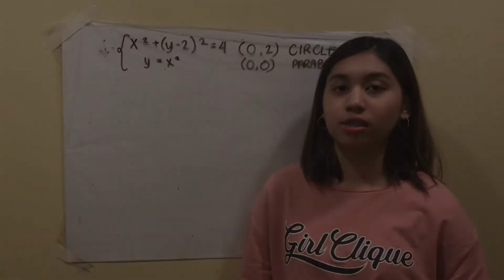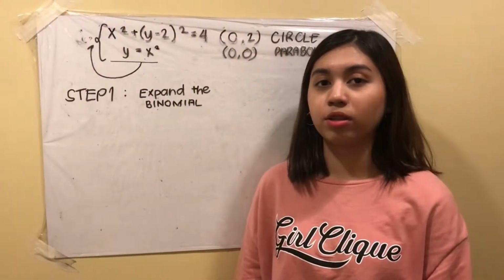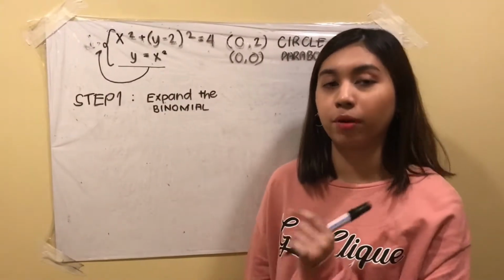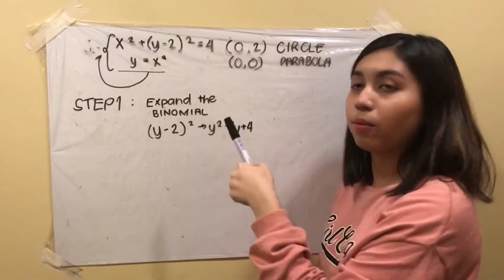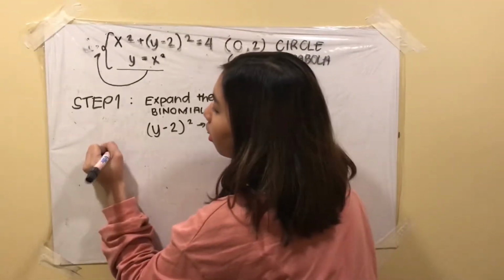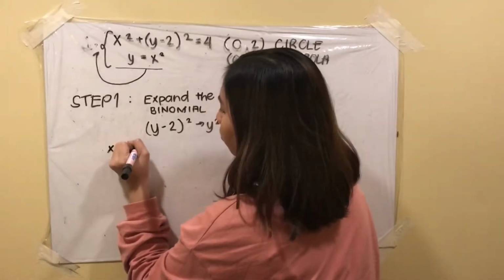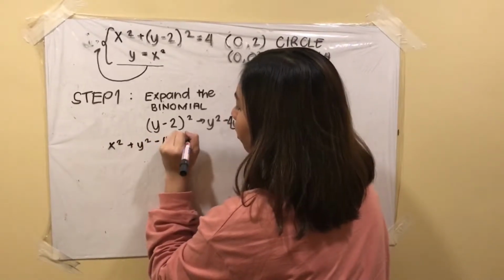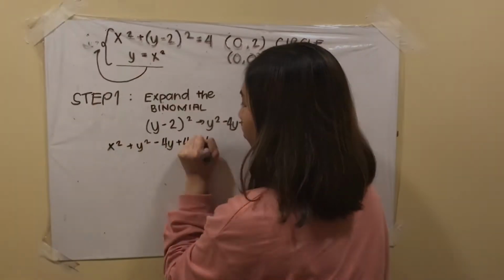Since we will use the first equation, the first thing to do is to expand the binomial into a perfect square trinomial. So the first equation would now be written as x squared plus y squared minus 4y plus 4 equals 4.